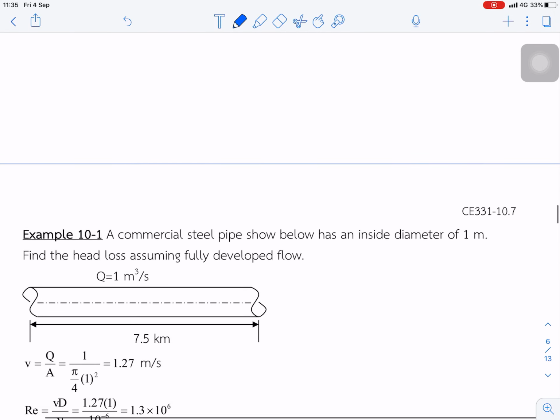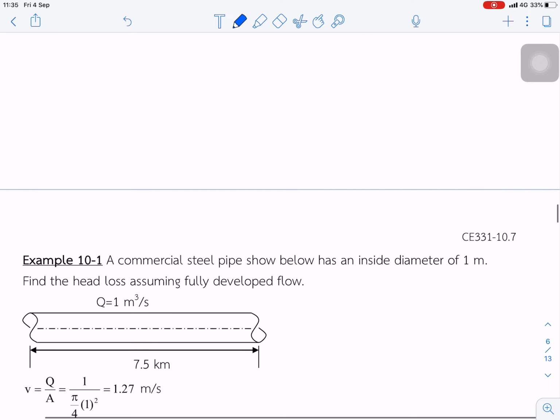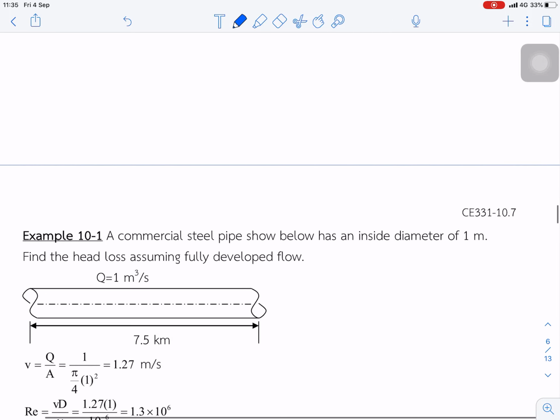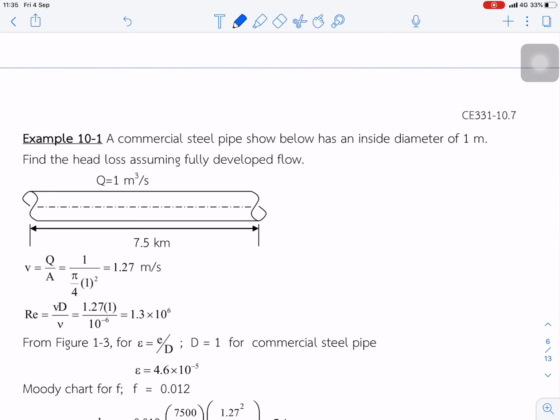Okay, how to use this Moody diagram and relative roughness. The next example is a commercial steel pipe shown below with an inside diameter of 1 meter. Find the head loss. Assume fully developed flow.